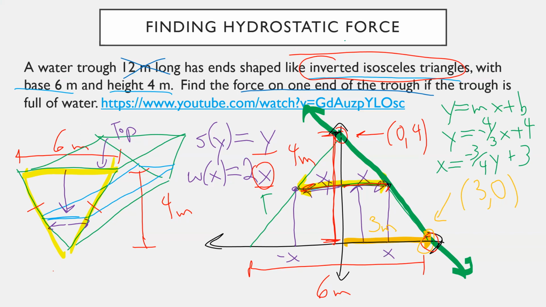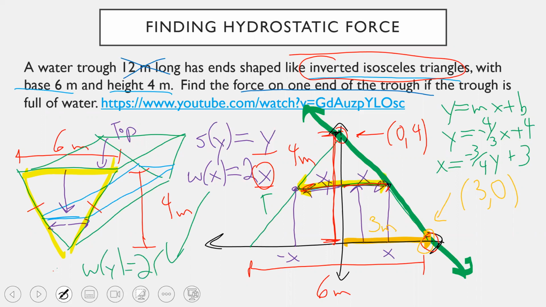Okay, so we can plug that in for the width function over here. Apologize that I'm running out of space. We're now going to have our width function with respect to y, so it'll be 2 times that value for x, which is negative 3/4 y plus 3.